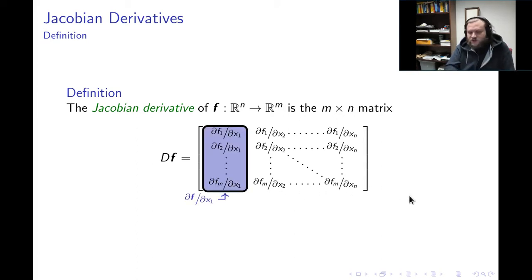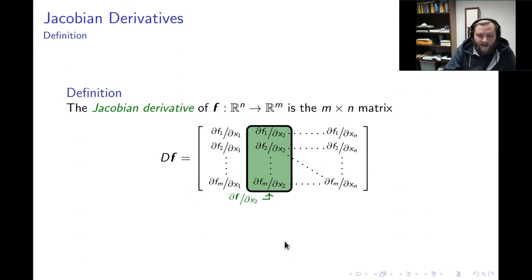So there are two different ways to think about this. I like to think of it in terms of columns or in terms of rows. If I think in terms of columns, I can think of the first column of this matrix as organizing all of the partial derivatives of all of the coordinate functions with respect to the first input variable x1. Then if I move to the second column, what I'm looking at is all of the partial derivatives of all of the coordinate functions with respect to the second input variable x2.